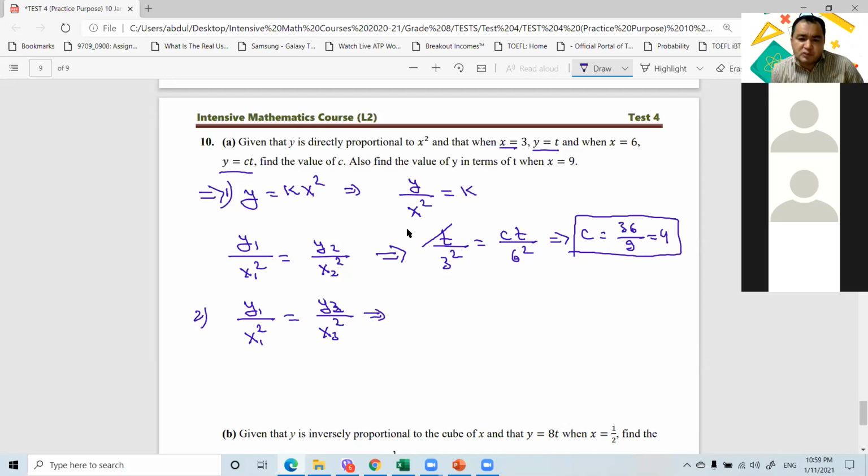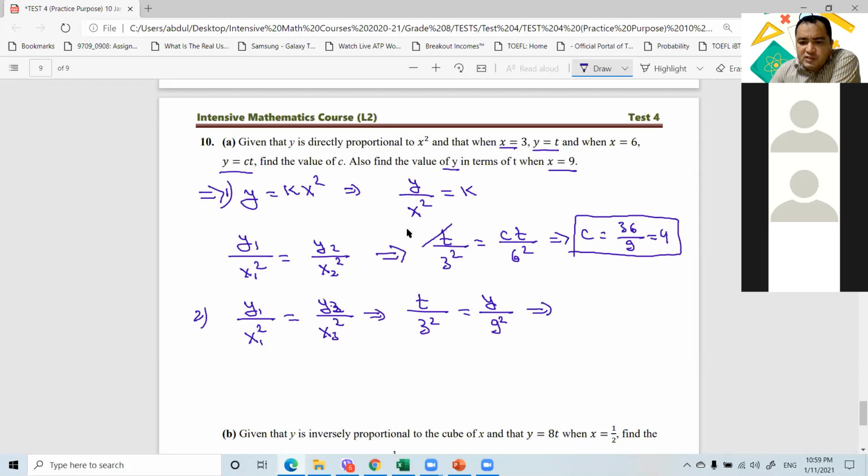Because direct proportional means that if you take any y and the corresponding value of x squared, the ratio must be constant. y1, we know that's equal to t, and x1 is equal to 3 squared. And in the y3, we should answer this question. We have to find y in terms of t when x equals 9. So y, I don't know what is y here. And x is equal to 9 squared.